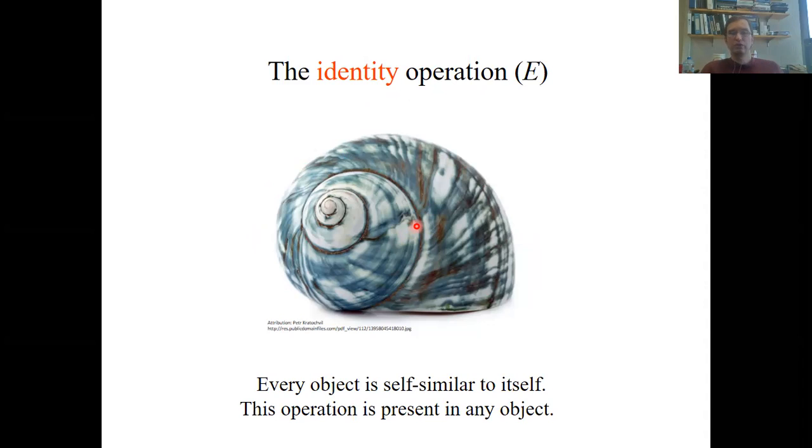Okay, so this is kind of trivial, but the identity operation exists in any object. The identity operation is abbreviated in a formalism called the Schoenflies formalism, named after the person who invented it, with a capital letter E. And all the following symmetry operations that we will get to know also have Schoenflies symbols that characterize the respective symmetry operation.